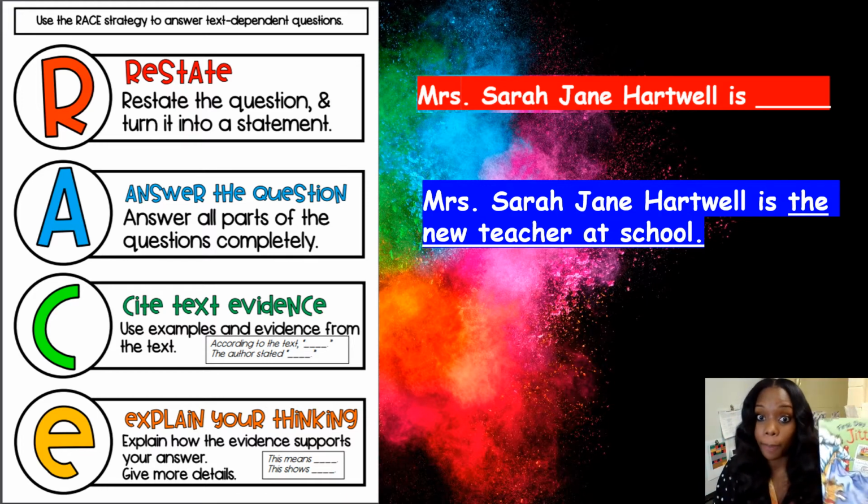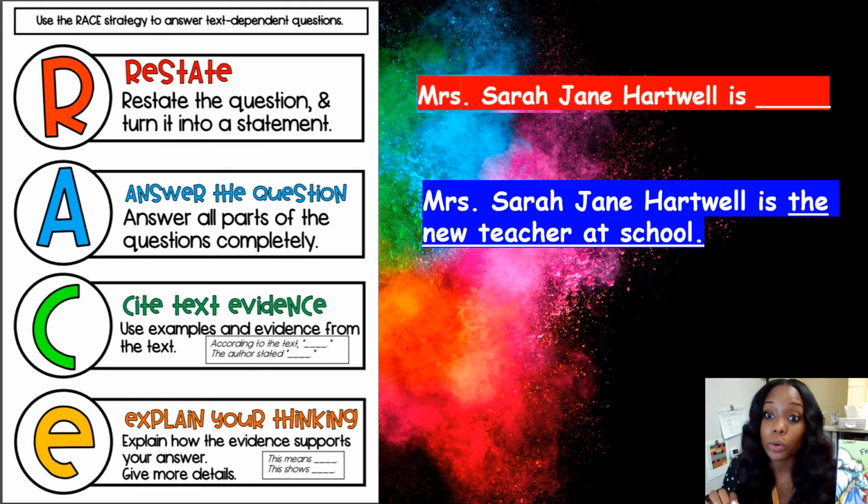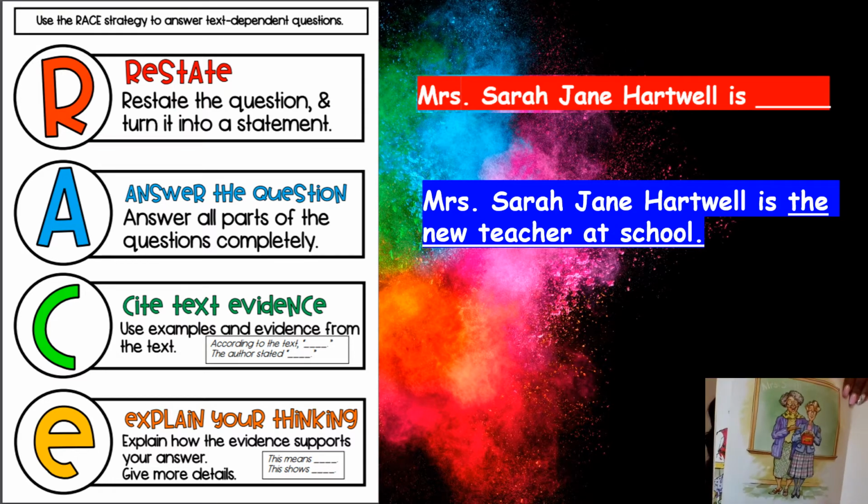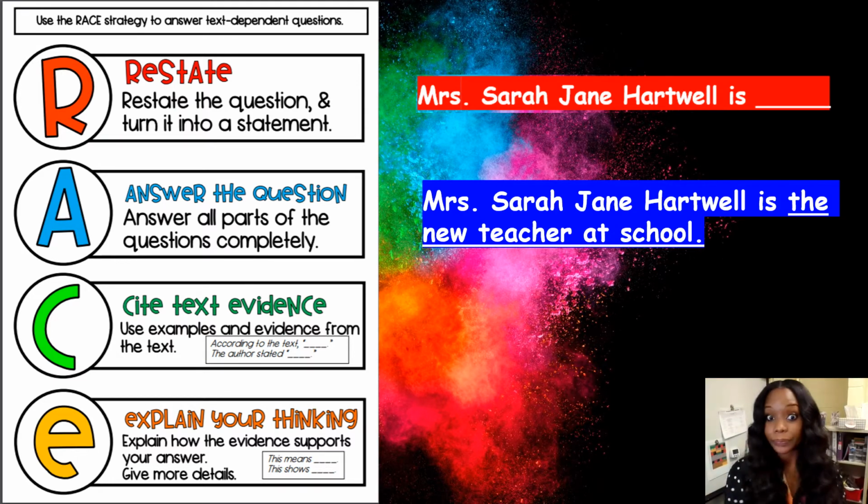Using our book, Mrs. Sarah Jane Hartwell is, who is she? She was, or is, the new teacher. That is the end of the A for RACE. With A, remember, all you do is restate the question and answer it.